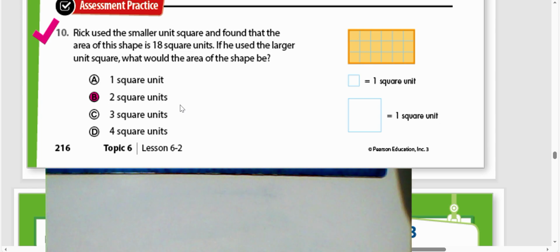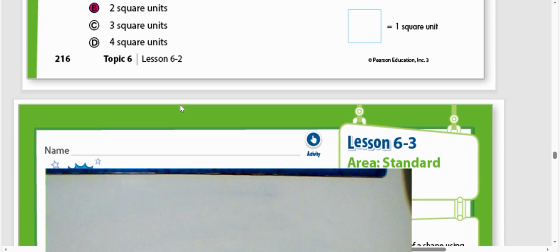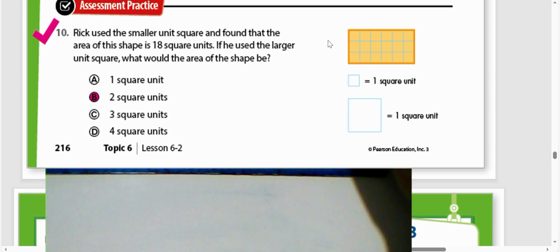Okay. In this lesson, we know the difference between area 1 and area 2. For area 1, we can find the area by counting the small square units. The area here was 18. But if we use the other units, the large square, we can count 1 and 2 squares.